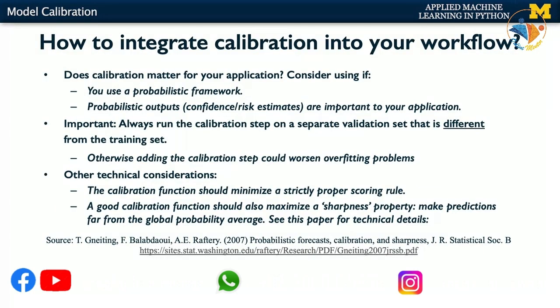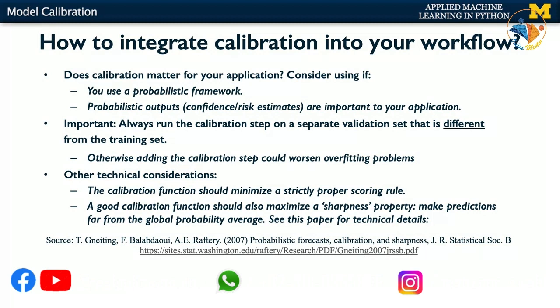Okay, so just to wrap up on calibration, how do you integrate this calibration step into your workflow? Well, the first step is to decide whether calibration matters for your application. You should consider using calibration if you have a probabilistic framework that you're working within, if there are important consequences to the accuracy of the probabilistic outputs, if they're being used as confidence or risk estimates in decision making, or if you have important expected values of quantities that you want to compute.